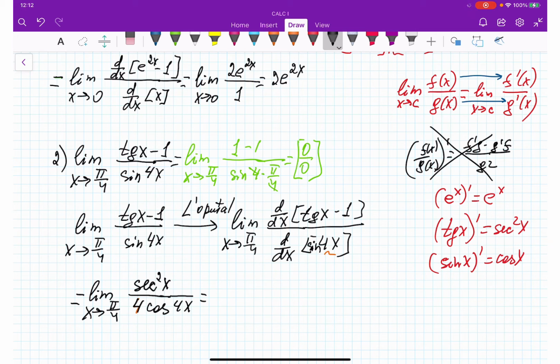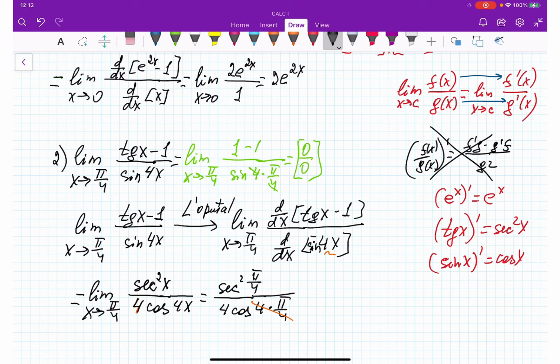Okay, now let's plug. Let's see if the uncertainty 0 over 0 is eliminated. We are getting secant squared pi over 4 times cosine 4 times pi over 4. So right away I'm going to cancel this 4 over 4.